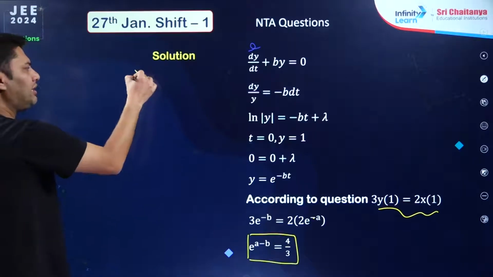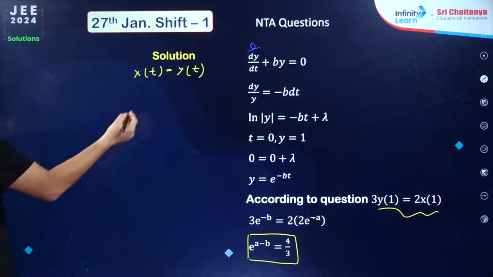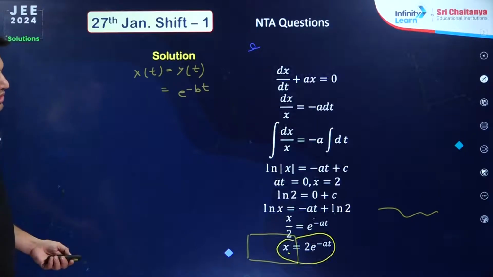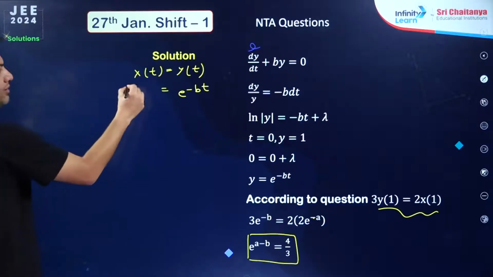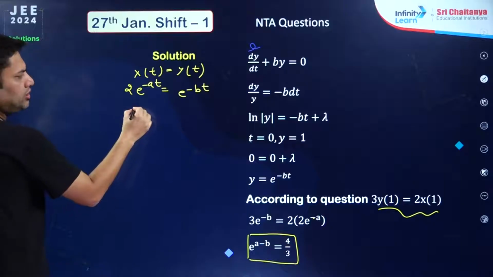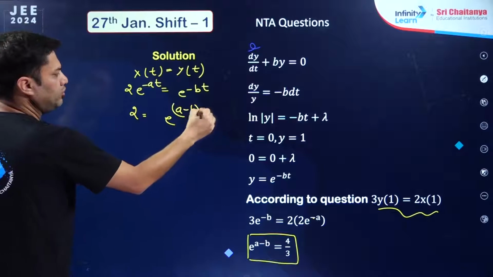You want the t where xt is equal to yt. So yt is e to the power minus bt, and xt was 2 e to the power minus at. So t you have to find out. So definitely 2 is equal to e to the power a minus b into t.